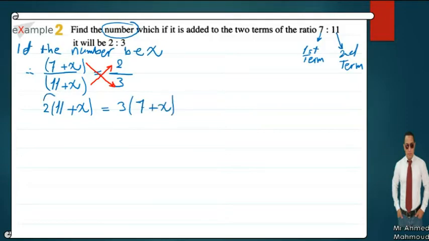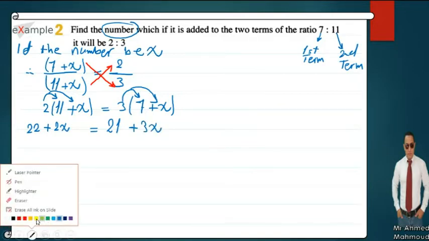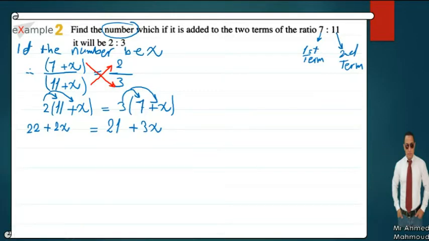Here I will distribute 2 among the bracket. It will be 22 plus 2x equals 3 distributed among the bracket. It will be 21 plus 3x. Okay, and then I will collect x on one side and collect the numbers on one side.